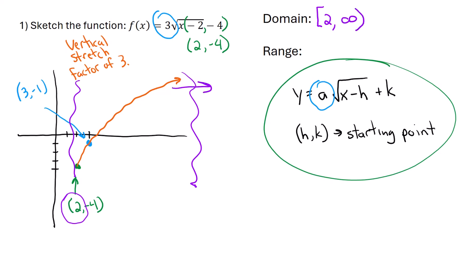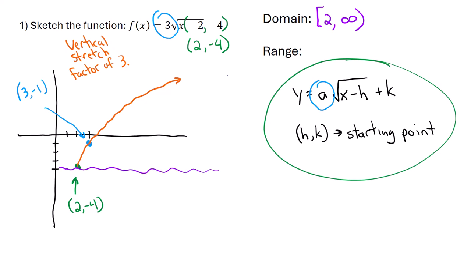And then we always use parentheses with the infinity symbol. And then for the range, we're looking at our lower boundary. I call that the floor. And then to our upper boundary, which I call my ceiling. So the floor here is -4. Okay, we bottom out at -4, and that is a part of our range. And then we go up forever. There's no ceiling, so that's going to be a positive infinity.